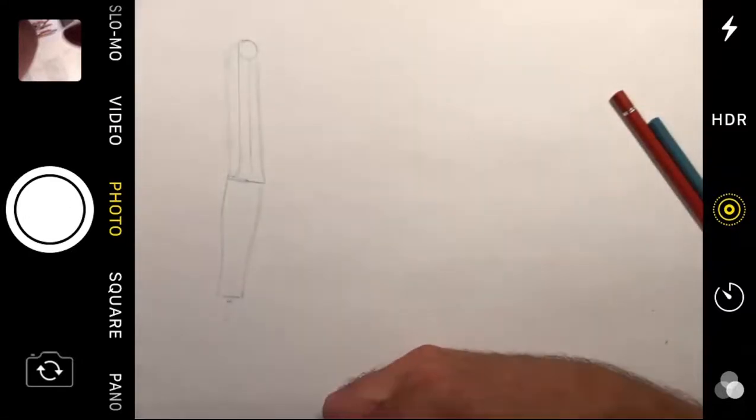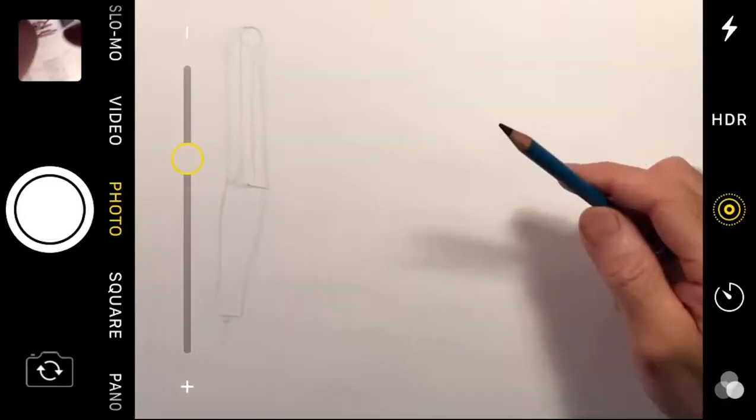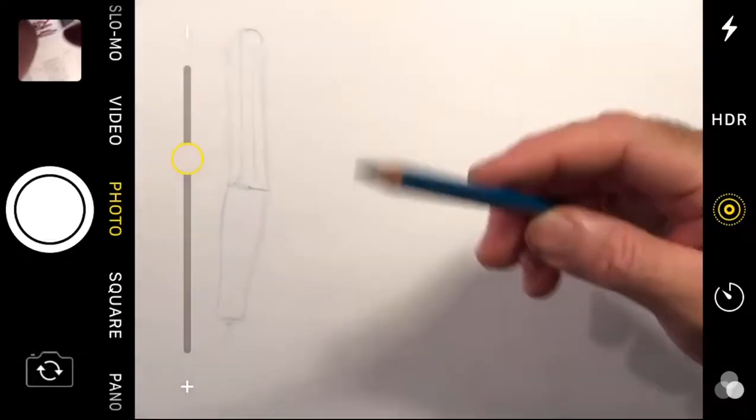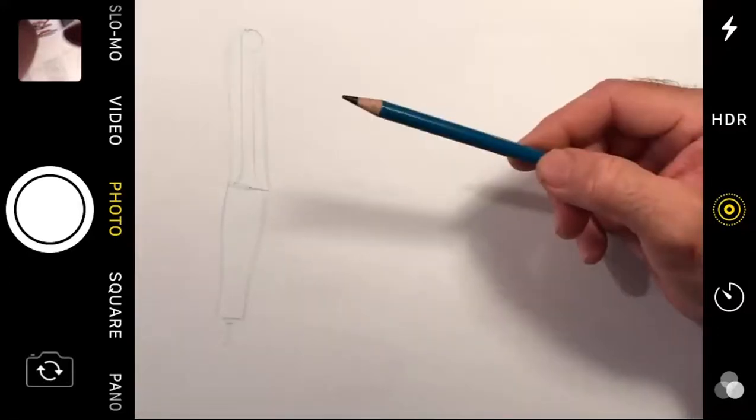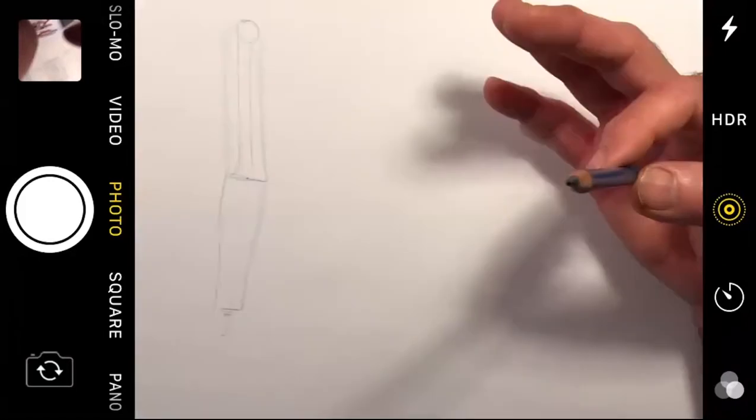Is that sufficient? I don't want it to be too dark because I want to go over it, right? But see, once we understand the dimensions, we can move already to the next step. And the measurements are going to be in our head. We don't need to visualize them all the time, right?